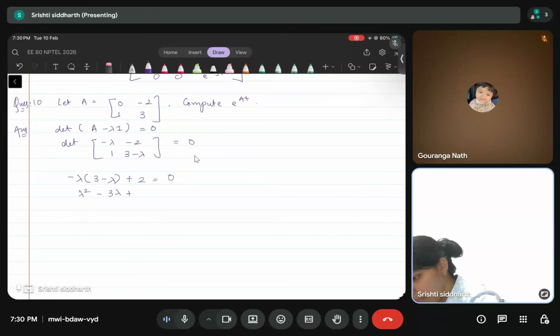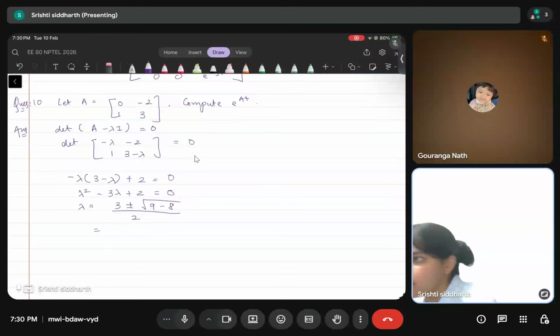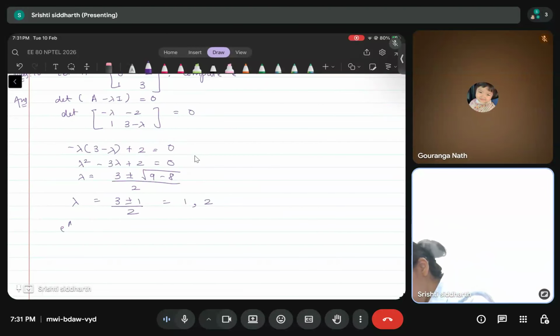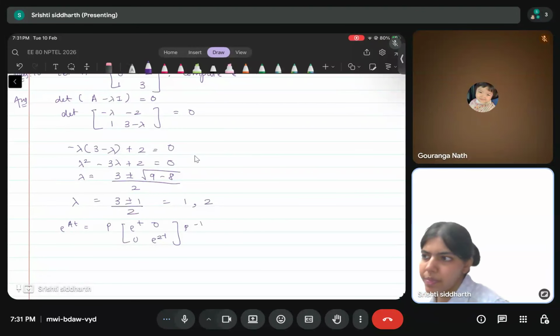Lambda squared minus 3 lambda plus 2 equals 0. Alright, so this is 3 plus or minus 1 over 2. So these are the eigenvalues, 1 and 2. And e to the power At would be P times diag(e to the power t, e to the power 2t) times P inverse.